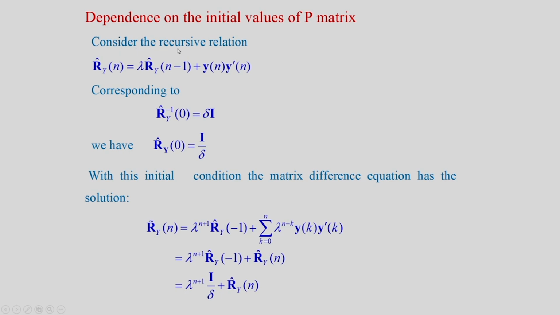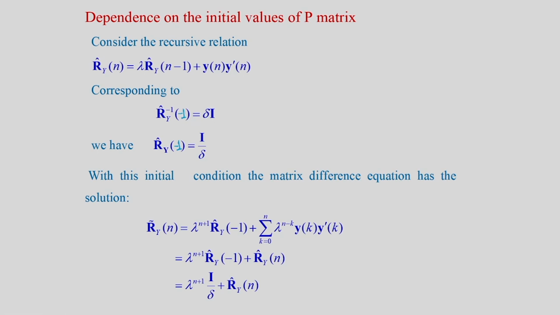Consider the recursive relation Ry hat n is equal to lambda times Ry hat n minus 1 plus yn into yn transpose, corresponding to the initialization Ry hat inverse at minus 1 is equal to delta I, that is, P of minus 1 is equal to delta I.